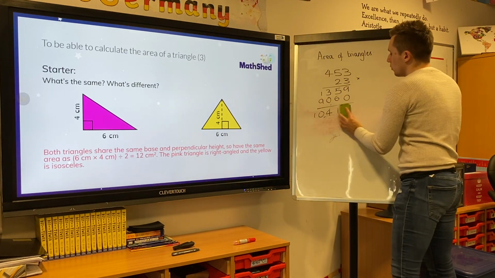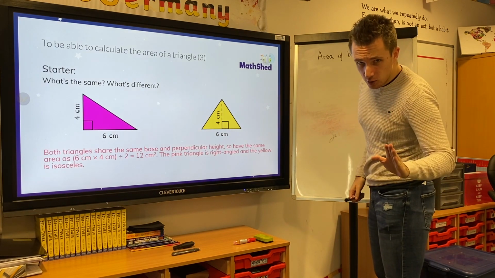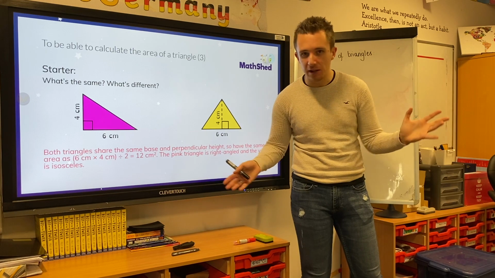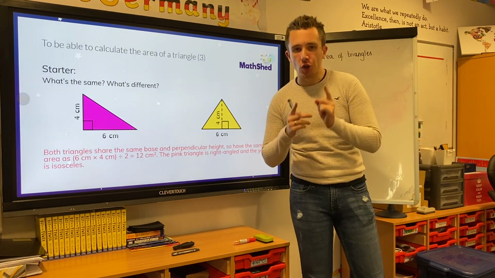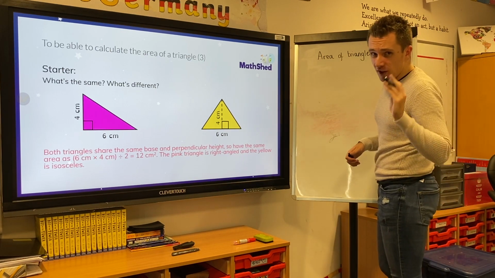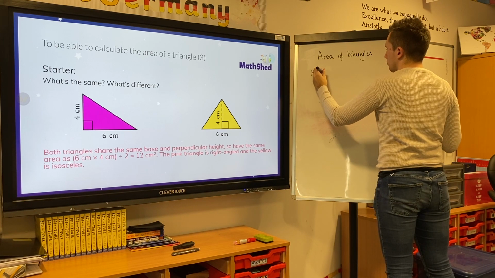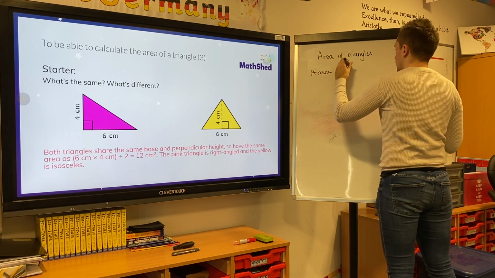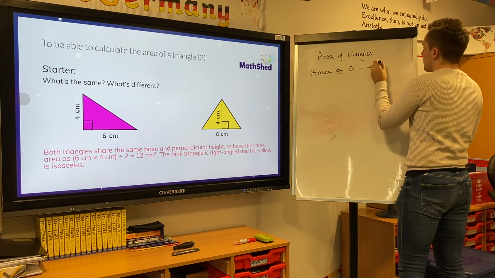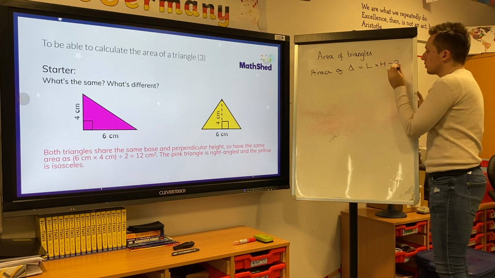when you're working out the area of any triangle, right-angled, isosceles, scalene, whatever it might be, okay, you do the same thing. To find the area of any triangle, you do length times height divided by 2.